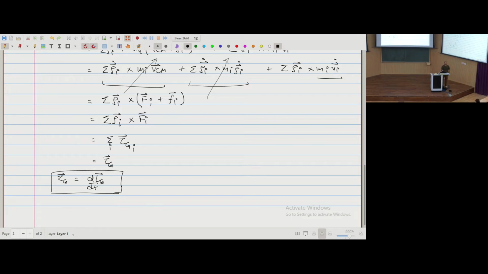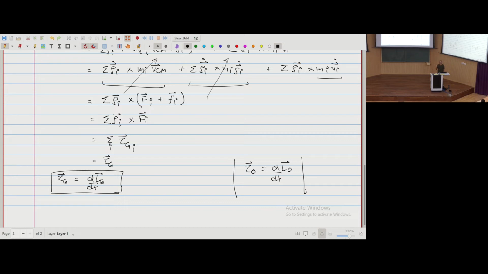And in the last lecture, we showed that torque about a fixed point O is equal to d by dt of angular momentum about a fixed point O. I have shown this for a fixed point O. So you are free to calculate, given the problem you have, the angular momentum about any fixed point O and apply this relation, or calculate angular momentum about the center of mass and apply this relation.